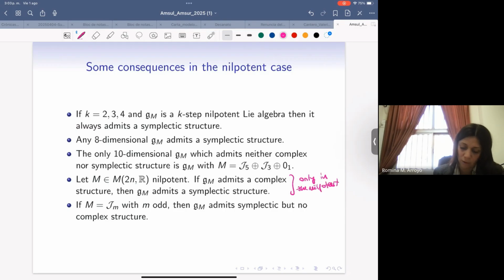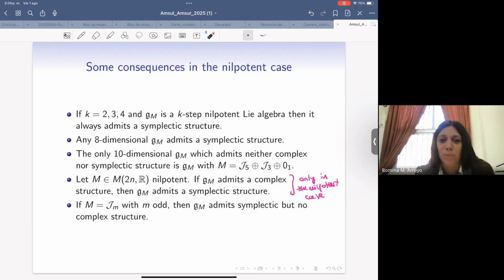It's not true in the solvable case. And if you want examples in which the converse is not true, we have these families of matrices satisfying that GM admits a symplectic structure but not a complex structure. And I am going to stop here because I am over time. Thank you.